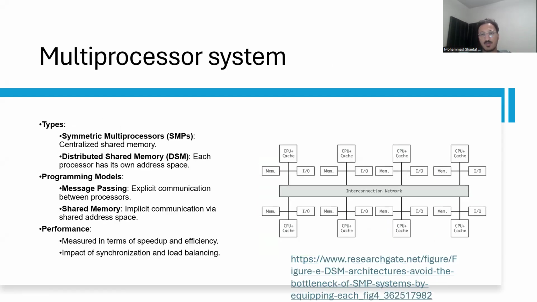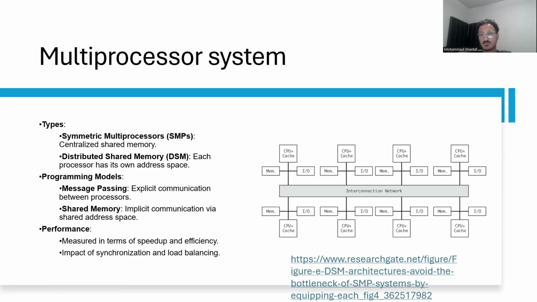Next, we'll talk about multiprocessor systems. There are types: symmetric multiprocessors and distributed shared memory. The difference between them is that an SMP has centralized shared memory, while in a DSM each processor has its own unique address space. The programming models go under message passing and shared memory.